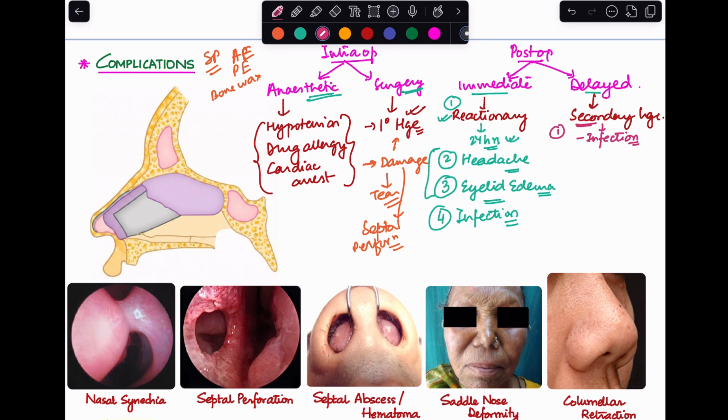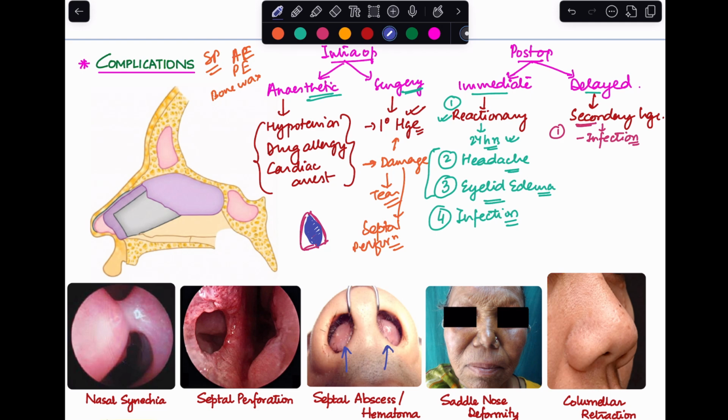Next, if we look at the nasal septum, this is the nasal cavity, this is the nasal septum. Sometimes what can happen is if you have removed a lot of the cartilage, there's a lot of open space, there can be a collection of blood on both sides of the septum, leading to something like this.